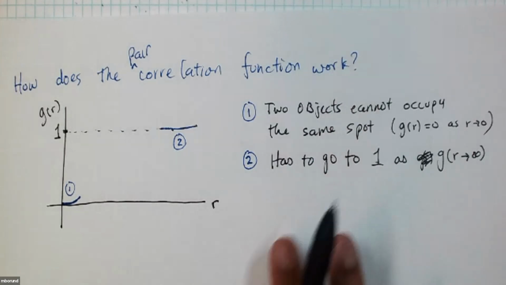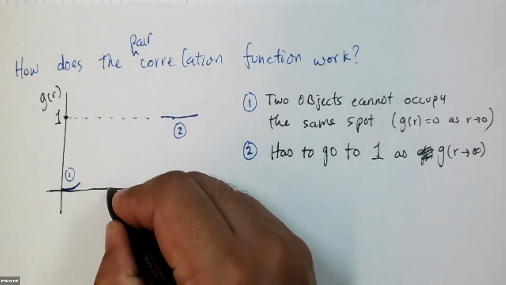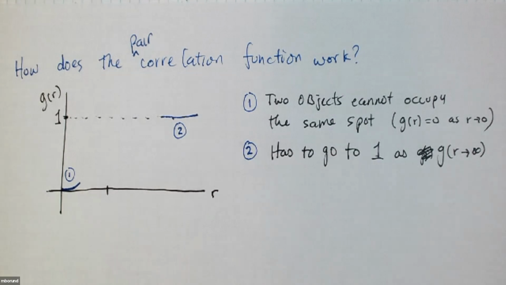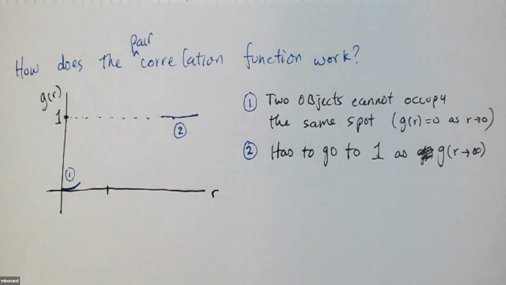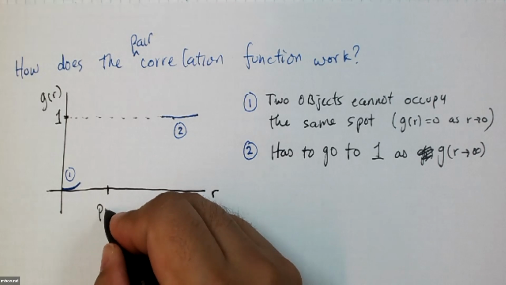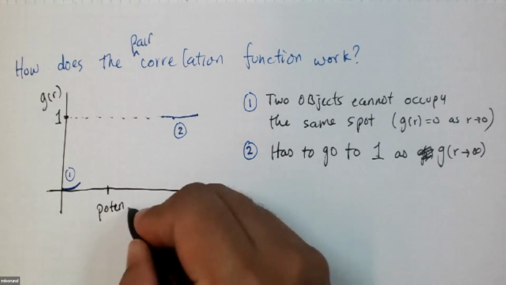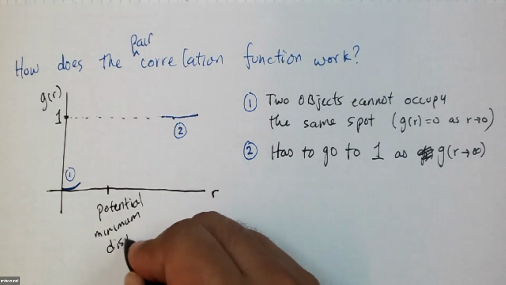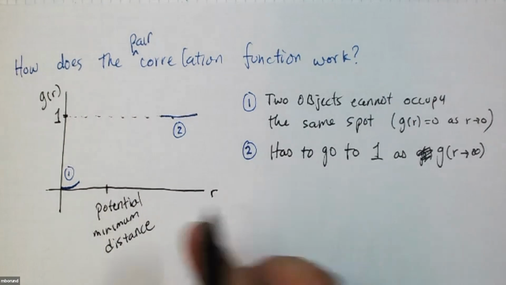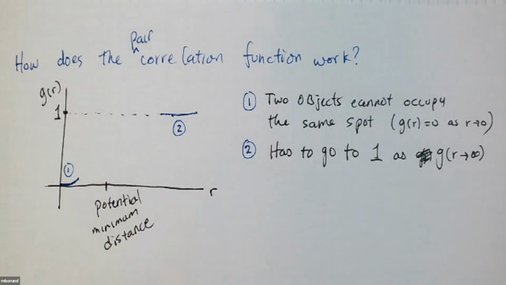All right, so at this point, let's come up with the length scale for our system. We like the minimum in the potential, right? Let's say we were dealing with a van der Waals or a Morse potential or something like that that has a minimum, like the ones you're doing for the homework. So this is the potential minimum distance. We actually don't know the behavior in the middle until you start doing the calculations.